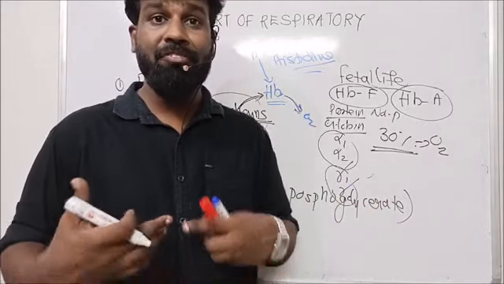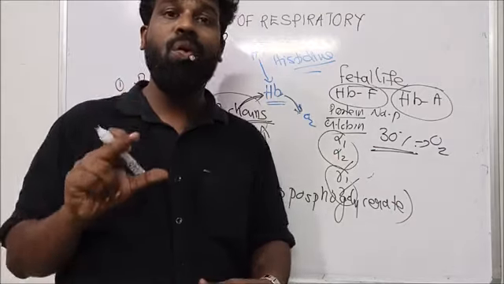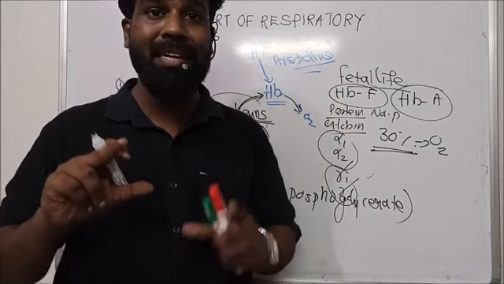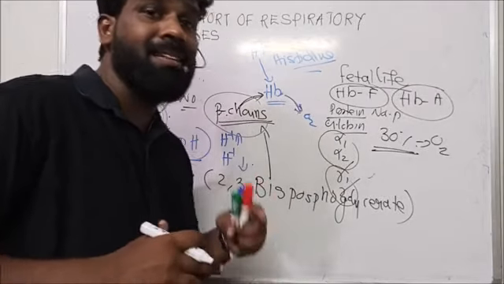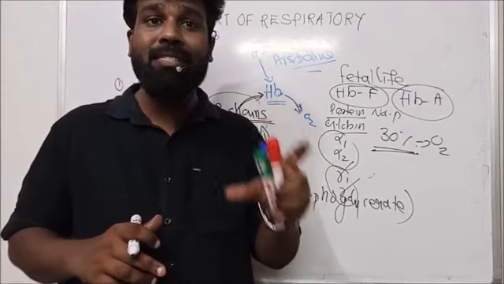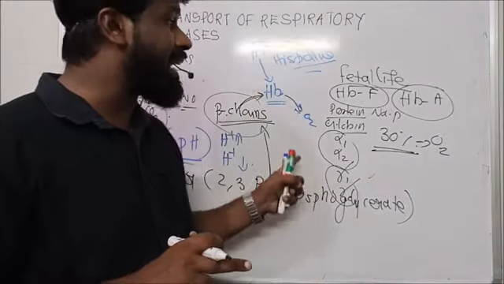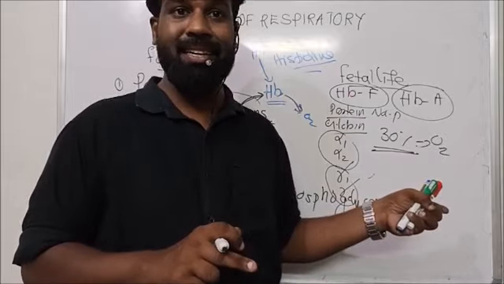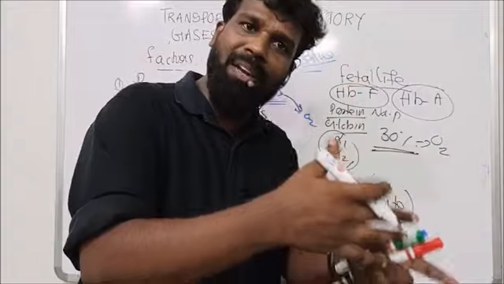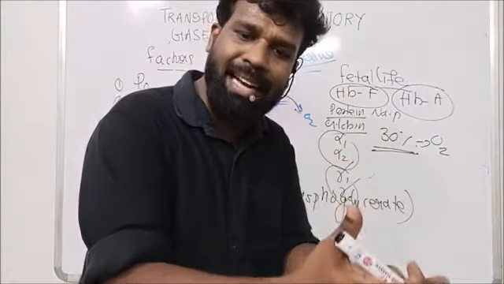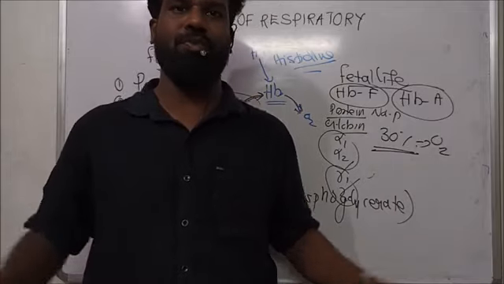By the time the blood reaches the placenta, there is a lower concentration of oxygen in the mother's blood. Since the fetal hemoglobin has a higher affinity to oxygen, even at a low concentration of oxygen, it can carry oxygen to the fetal blood circulation or fetal body tissue.